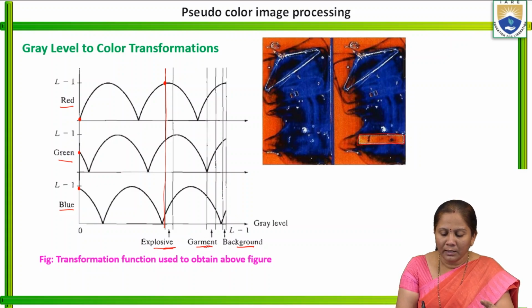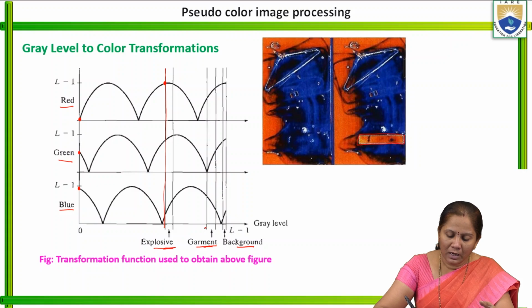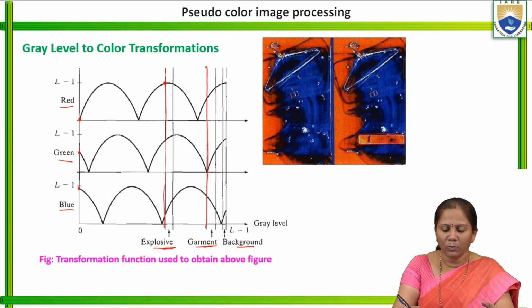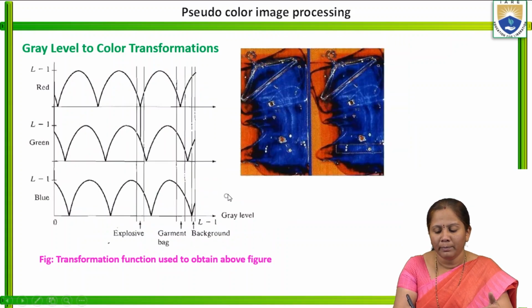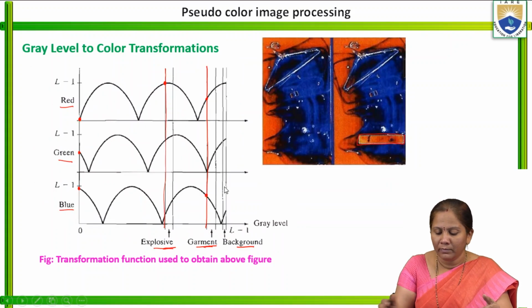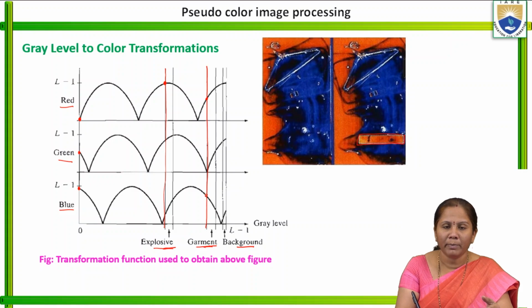And if you see here, for the garment, the scale we have taken for the garment, red is minimum, and if you consider this point, blue color intensity is maximum. So blue color intensity is maximum.